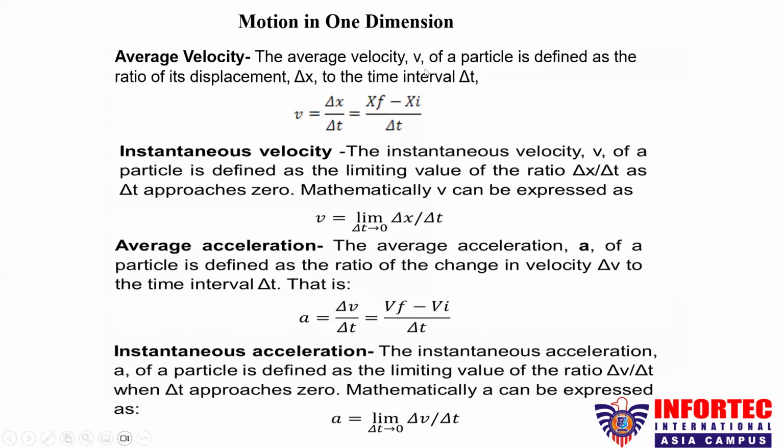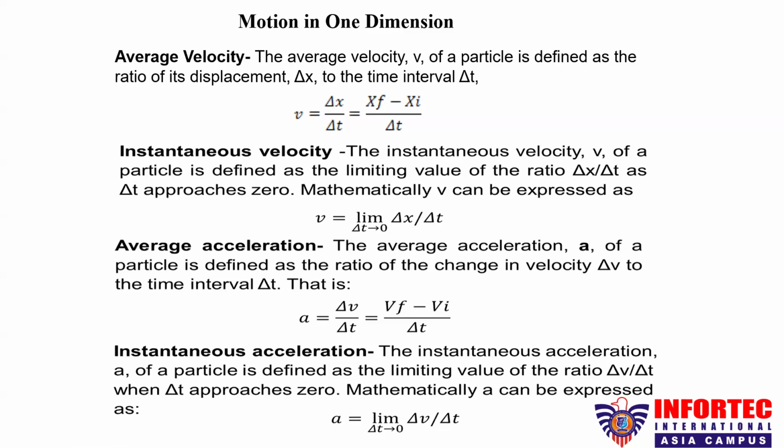The other important things in one-dimensional motion are velocity and instantaneous velocity. What is velocity? The average velocity, which we represent by simple v, of a particle is defined as the ratio of its displacement, the change in position, delta x. Now you know how to find delta. Delta x is also xf minus xi, final position minus initial position, divided by the time interval delta t, right?